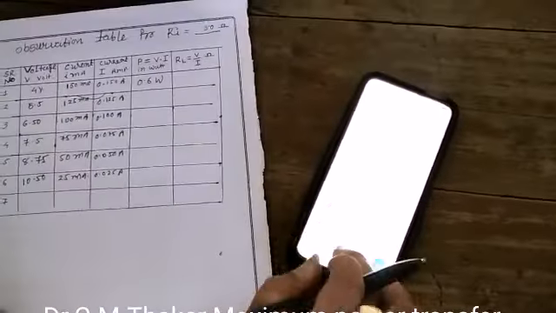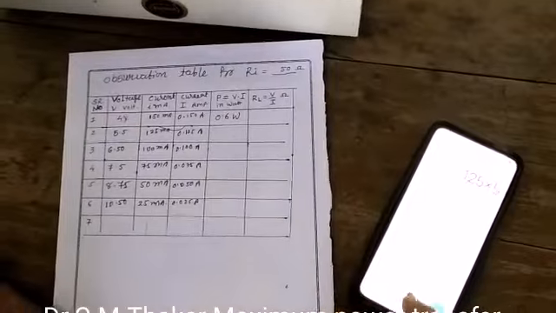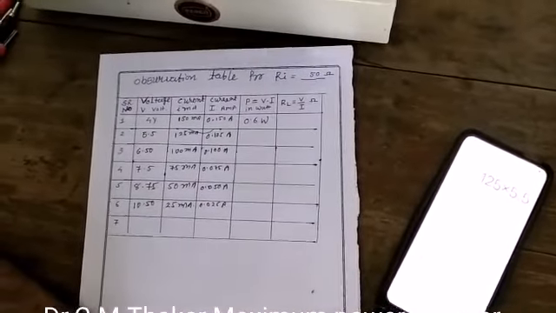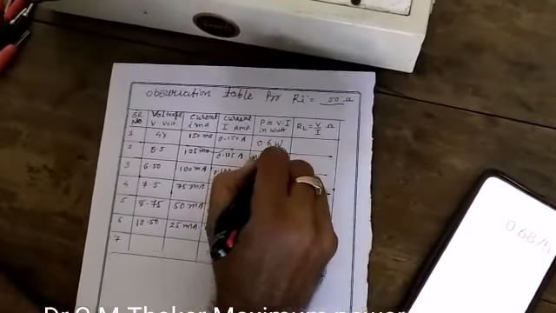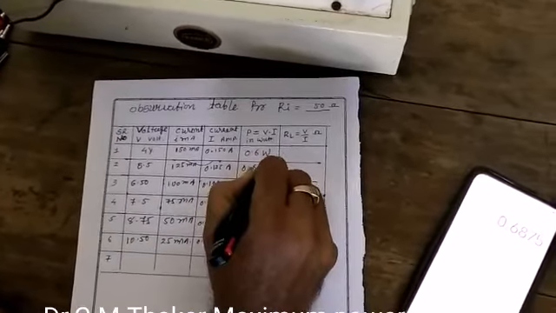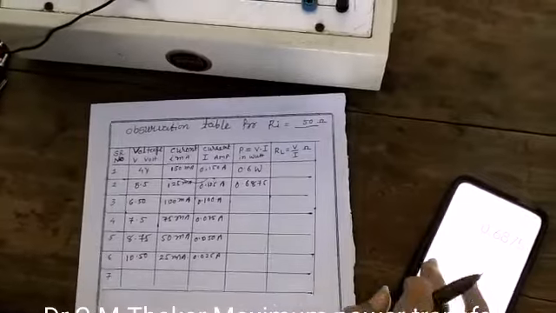And now 0.125 multiplied by 5.5 will be 0.6875, whatever, right?